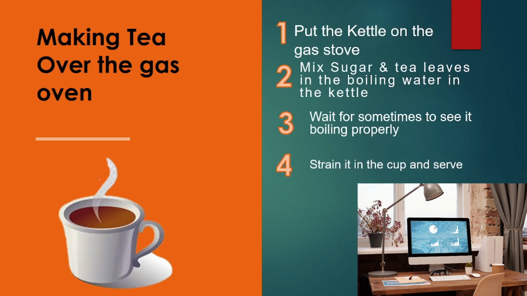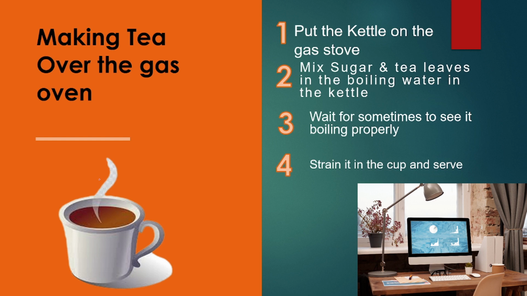Coming to the first slide, to communicate with each other we need something. Just imagine that you have a maid at your home who takes care of household activities. She cooks for you. She doesn't know how to prepare tea, but you need a cup of tea.